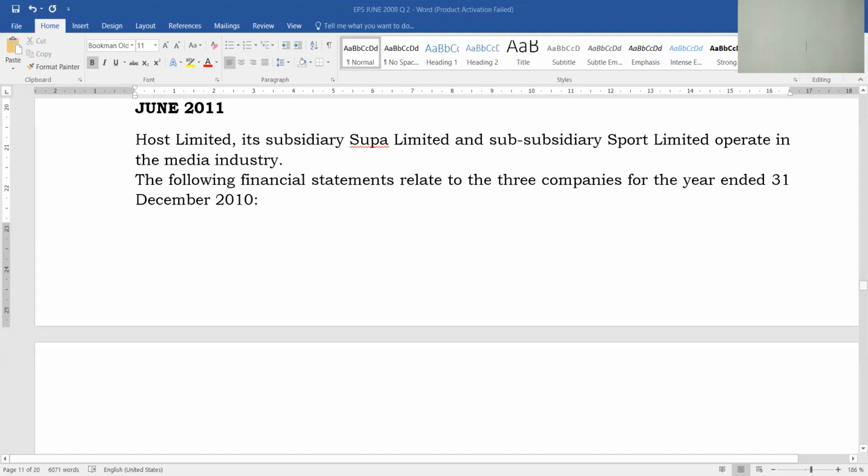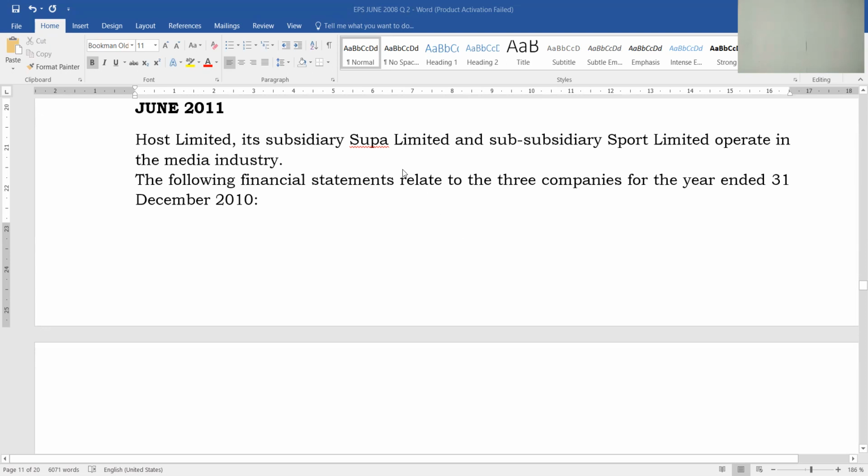So this is the relevant question. They say that Host Limited, its subsidiary Super Limited, and sub-subsidiary Sport operate in the media industry. The following financial statements relate to the three companies for the year ended 31st December 2010.